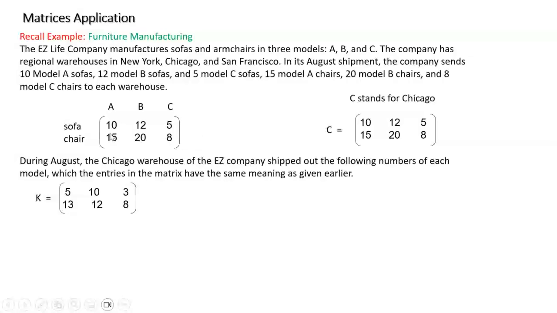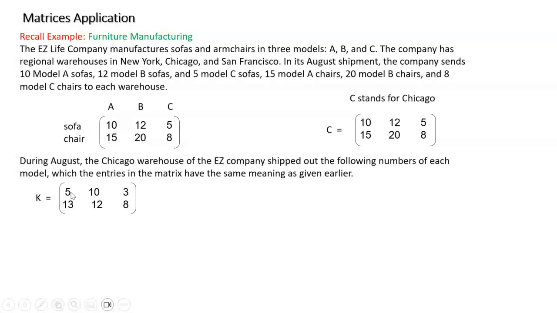And then it sends 15 model A chairs, 20, and 8. Here are the models. Now, during August, the Chicago warehouse of the Easy Life company shipped out the following numbers of each model, where the entries in the matrix have the same meaning as given earlier.